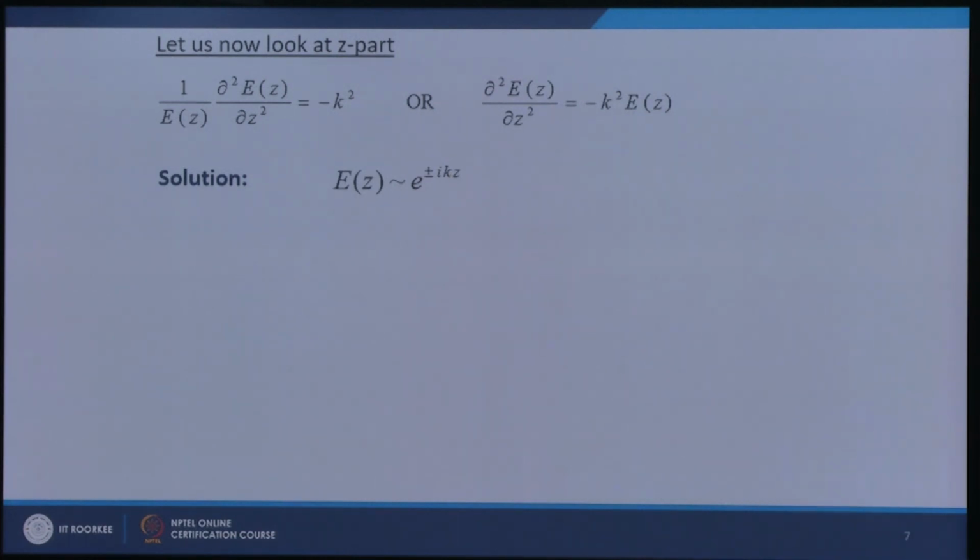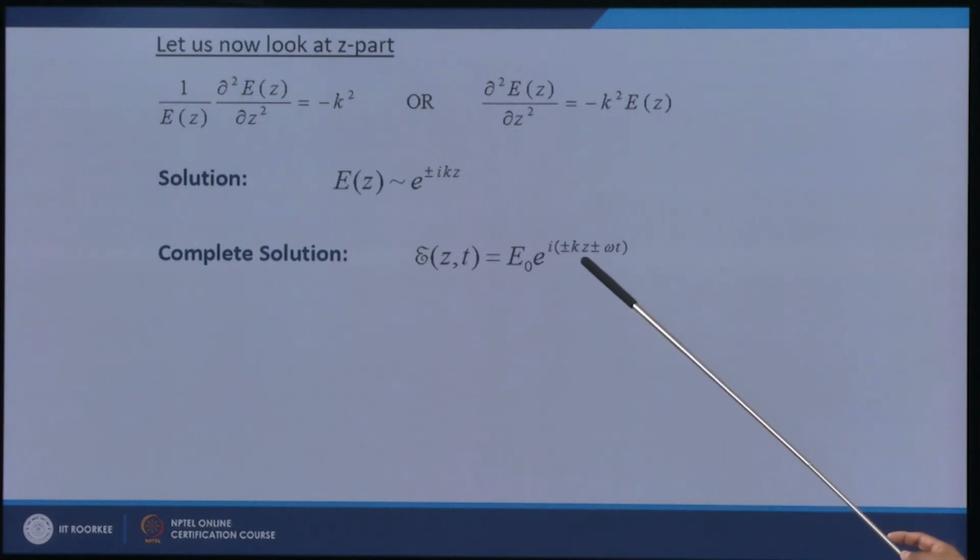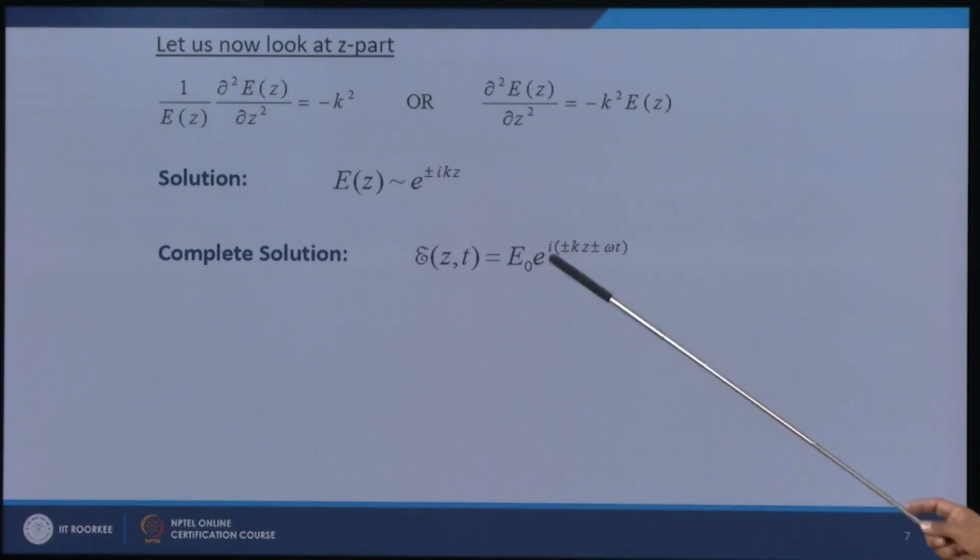If I now combine these z and t parts, then the complete solution is E(z,t) equals E₀ e to the power i(plus minus kz plus minus ωt). This is the most general solution, where E₀ is a constant; it does not depend upon x, y, z or t.